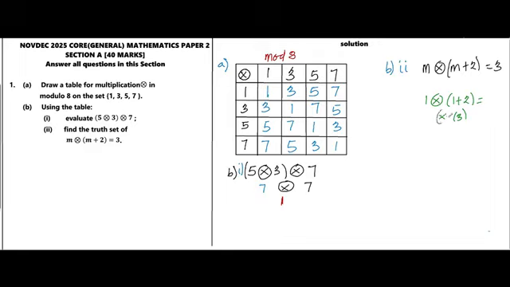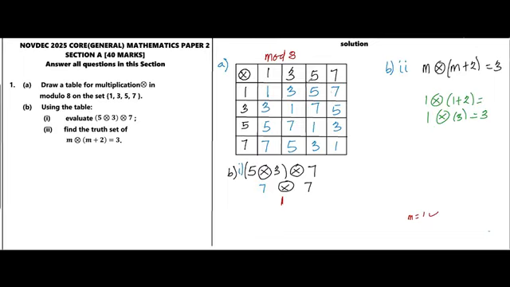So we have 1 multiplied by 3. From the table, 1 times 3 in mod 8 is still 3. So 1 satisfies the equation. When m is equal to 1, the statement is true.